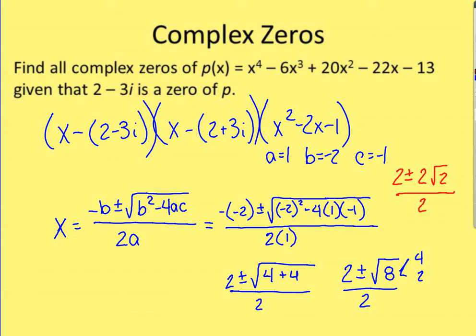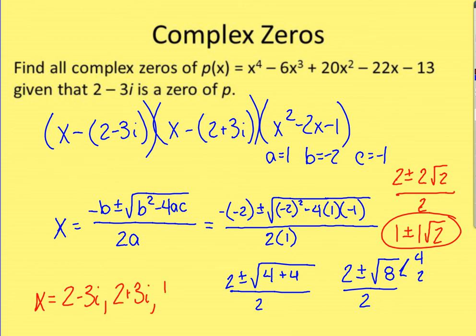Now 2 goes into 2, so when we simplify this, 2 divided by 2 gives us 1, plus or minus 2 divided by 2 is 1, radical 2. So those are zeros of our function. So our 4 zeros will be 2 minus 3i, 2 plus 3i, and 1 plus or minus the square root of 2.